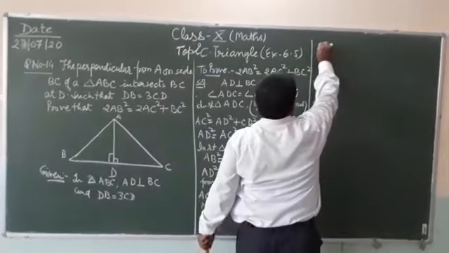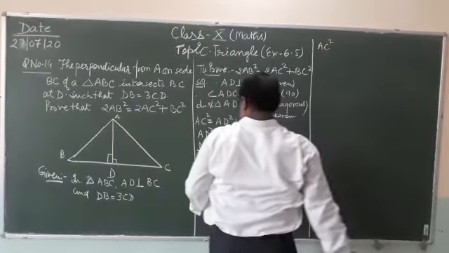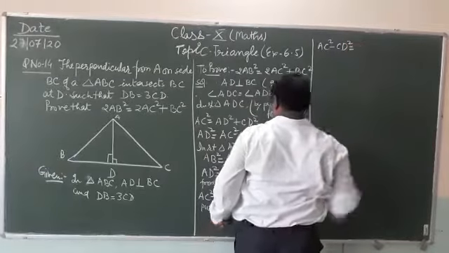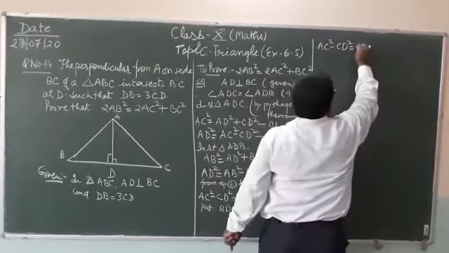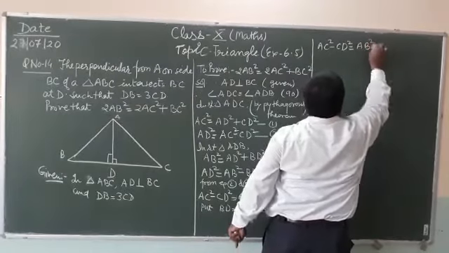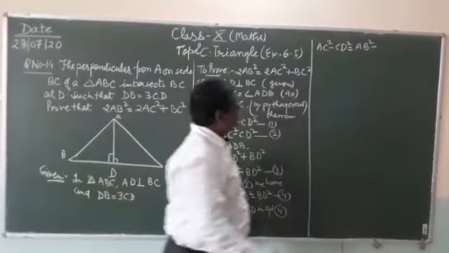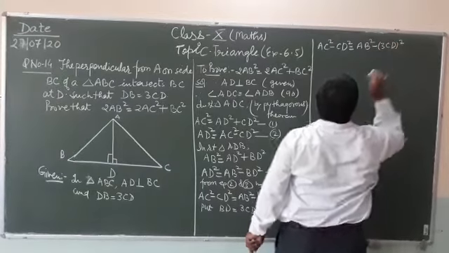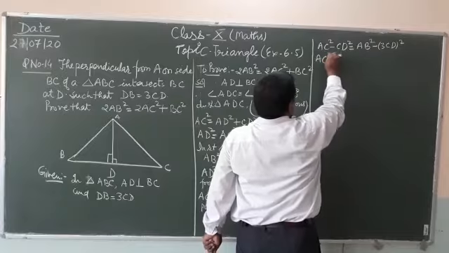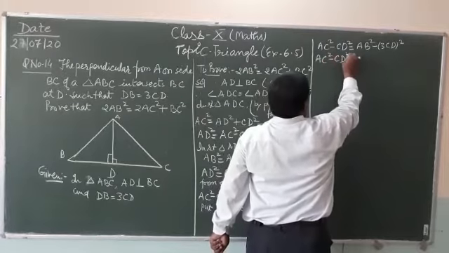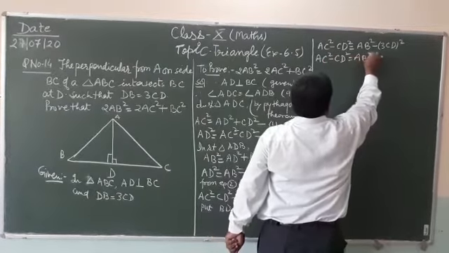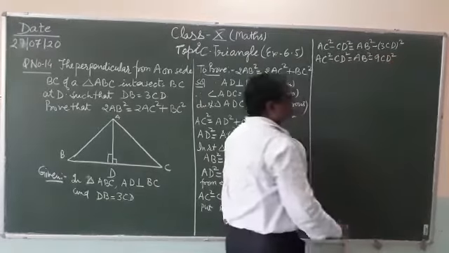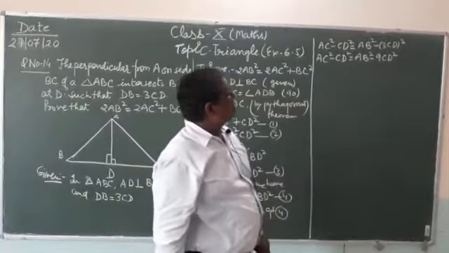Therefore AC square minus CD square is equal to AB square minus BD, that is 3CD, whole square. So AC square minus CD square is equal to AB square minus 9CD square, because 3 square is 9 and CD square is CD square.